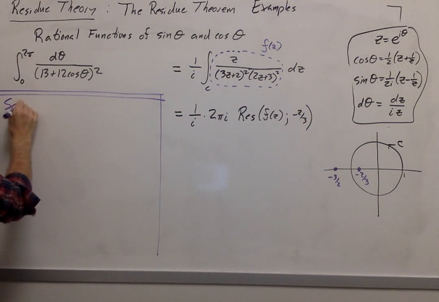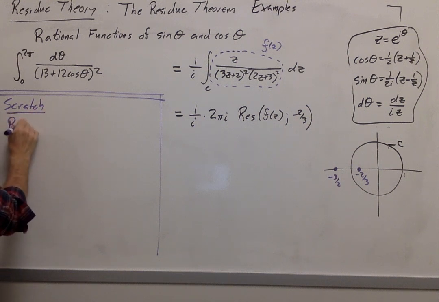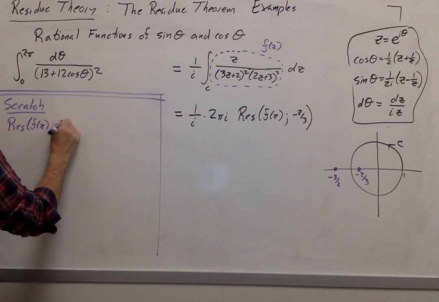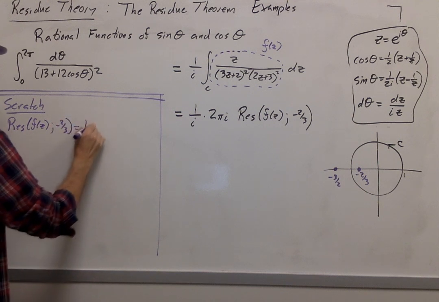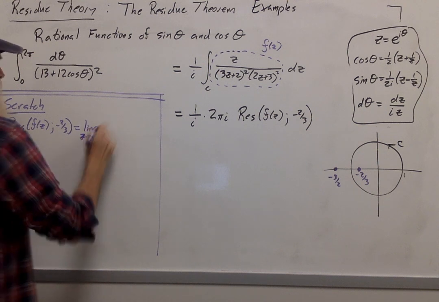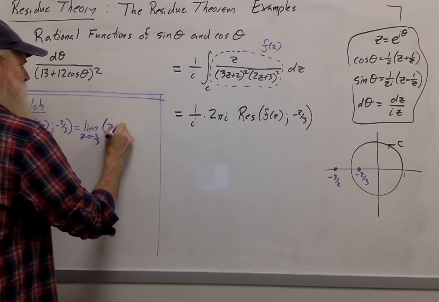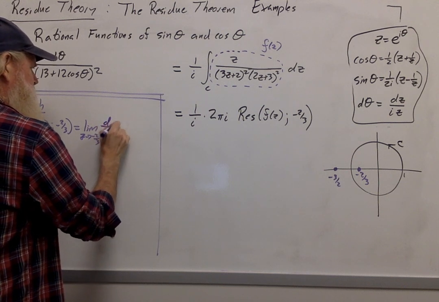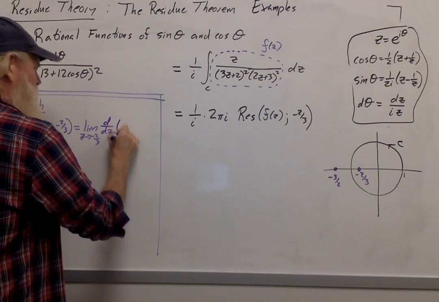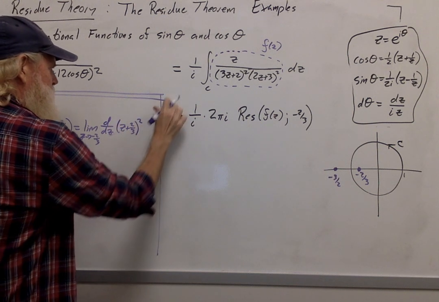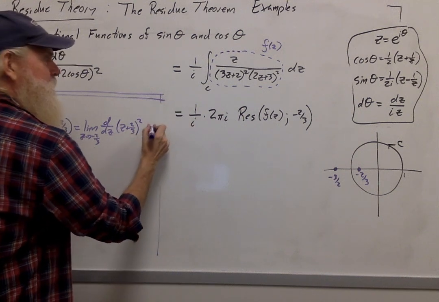Here's our scratch work. The residue of the function at negative 2/3 will be the limit as z goes to negative 2/3 of the derivative with respect to z of (z + 2/3) squared times f of z.